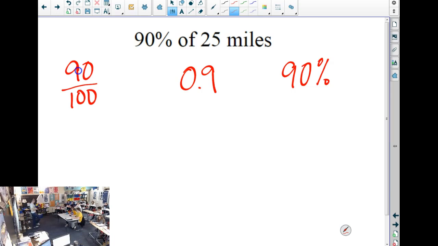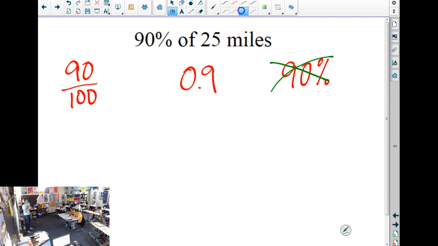Can I do math with the percent form? Not unless I have a calculator that has the percent button, right? So I normally throw this option away. It's not the easiest, at least if we were trying to do the math. Ethan, you have an opinion? I was just saying you can do percent with that.